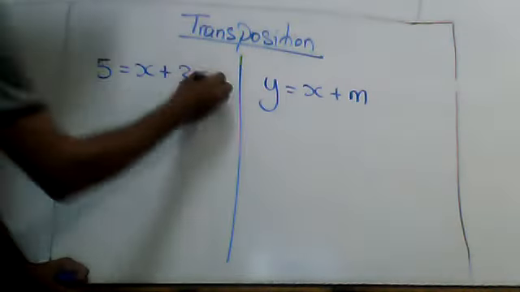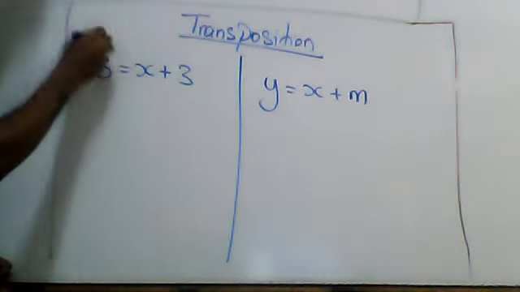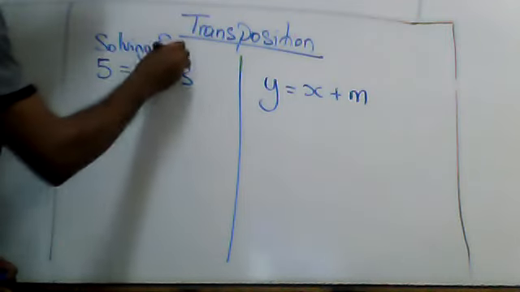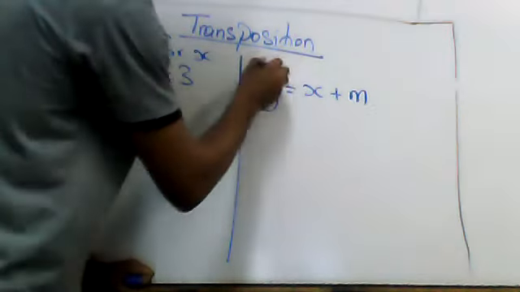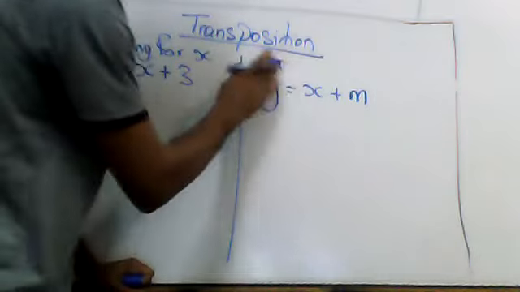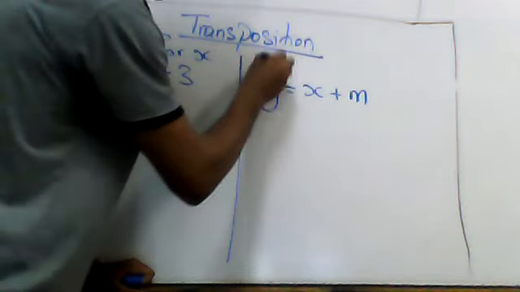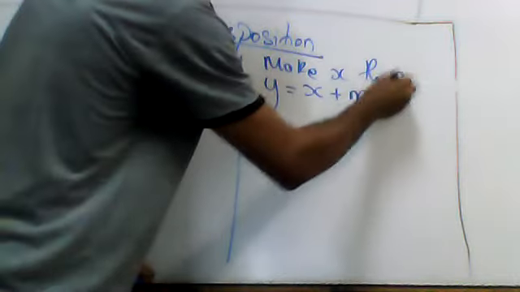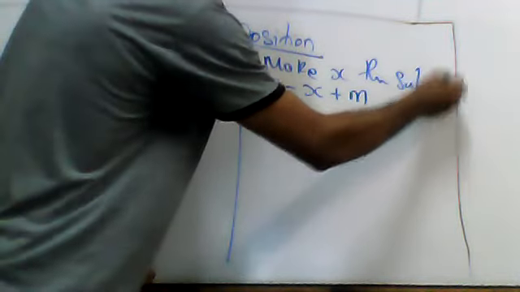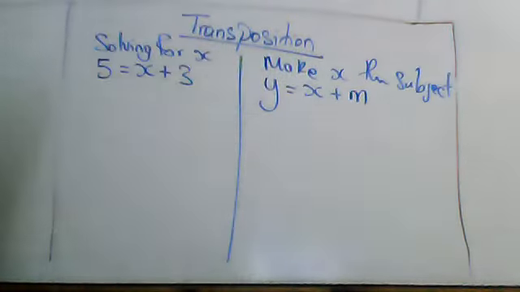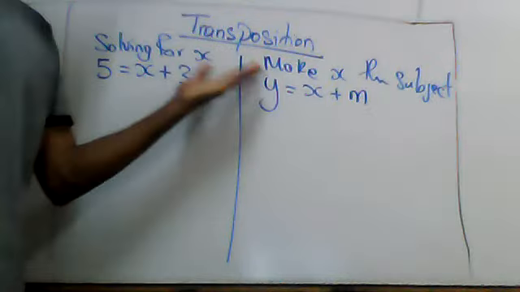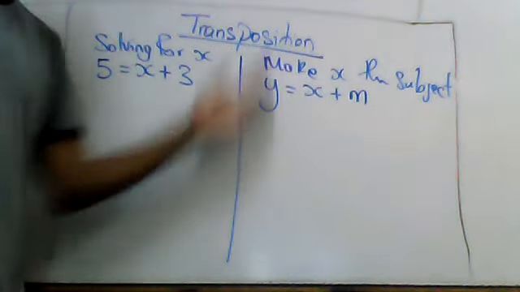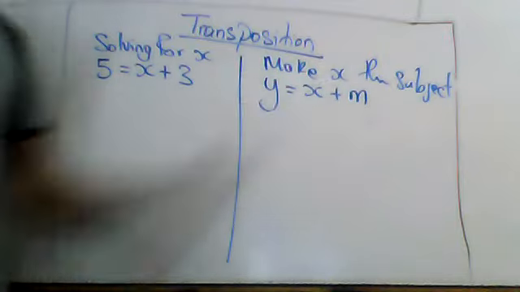Here we're solving for x, and here we should make x the subject, or change the subject of the formula. Or we could say express x in terms of y and m. So we have some different ways in which we could state that.